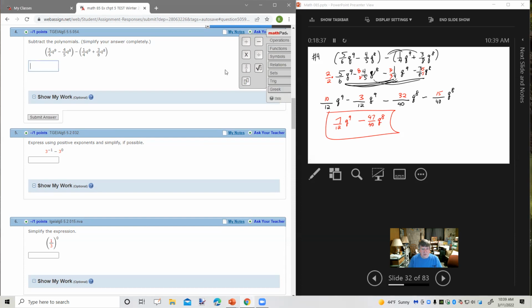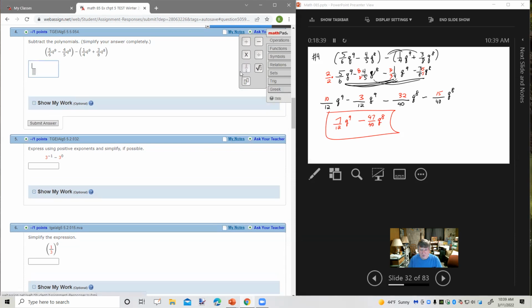Okay, so let's see here. We've got a fraction, 7/12 q to the 9th power, minus another fraction, 47/40 q to the 8th power. I need to move the cursor so that it's not down underneath.